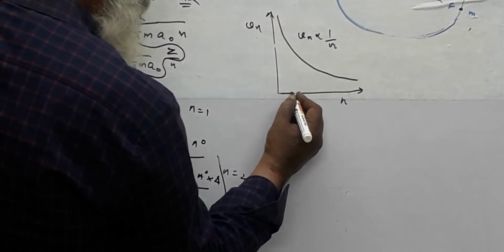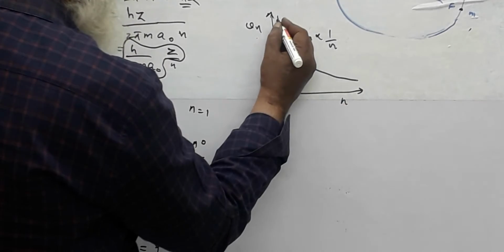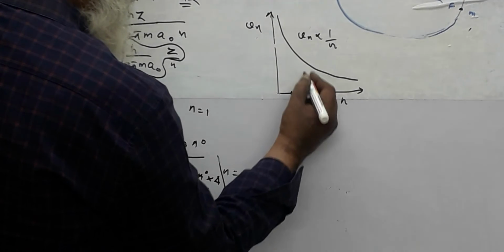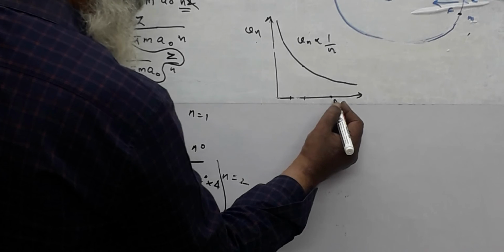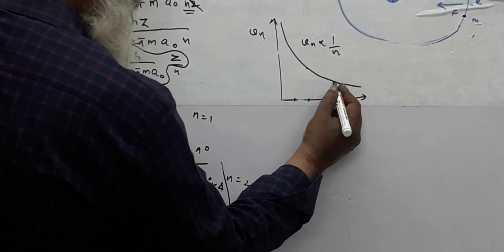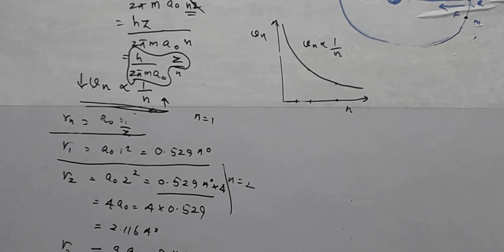If the value of n is decreased, then the velocity is higher. When n is increased, the velocity becomes lower. Furthermore, if you keep increasing the n value, Vn decreases again. That is a fundamental graph. The rectangular hyperbola shows that when you increase the orbital quantum number, the velocity of the electron will decrease.